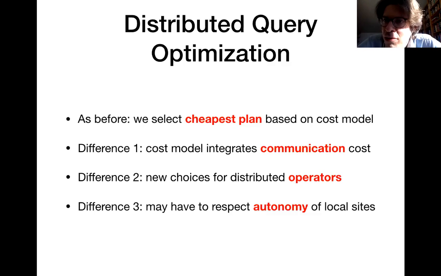That is also something that we would have to respect in query optimization, because if those different sites are managed by different organizations, then perhaps the query optimizer cannot fully control them in query processing, but only can make something like suggestions and needs to remain flexible in case that the site essentially refuses to process certain operations.